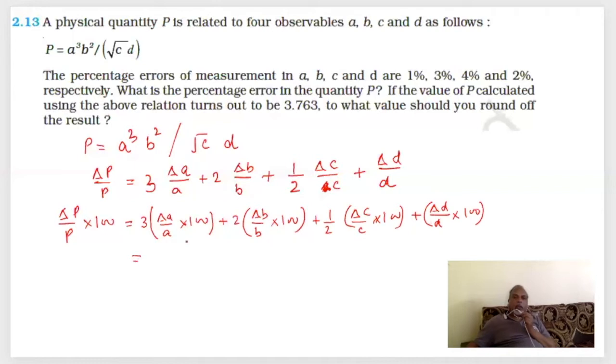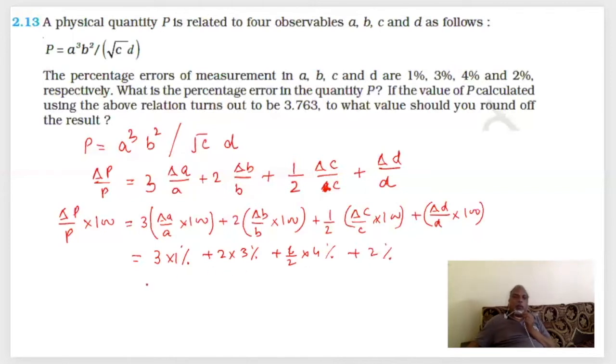Now these things are given. Delta A by A into 100 is given, that is 1%. So 3 into 1% plus 2 into 3% plus 1 by 2 into 4% and 2%.